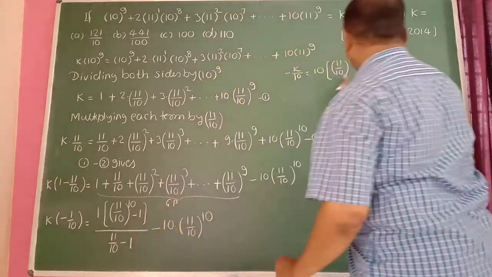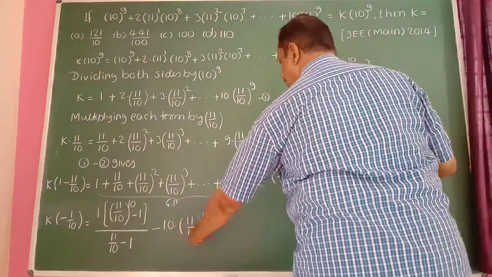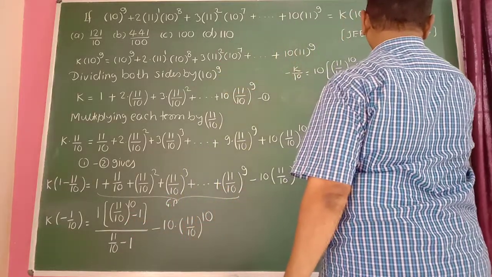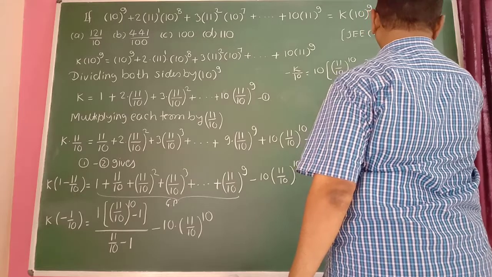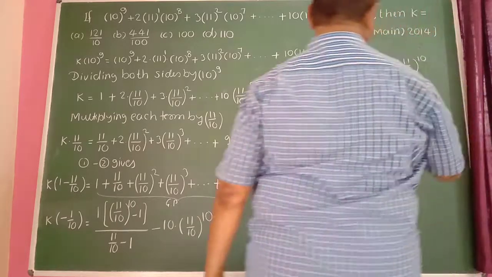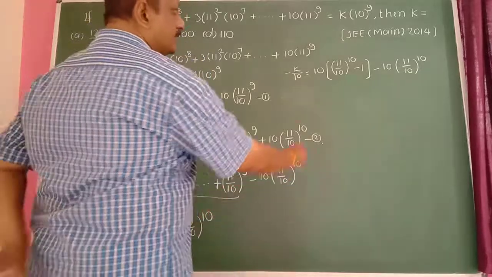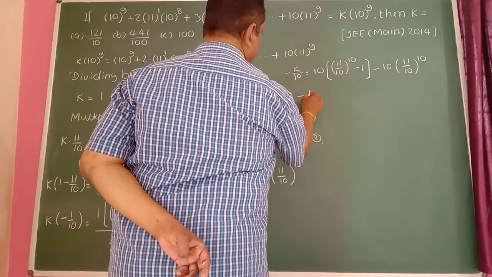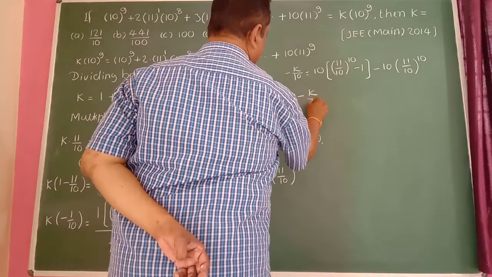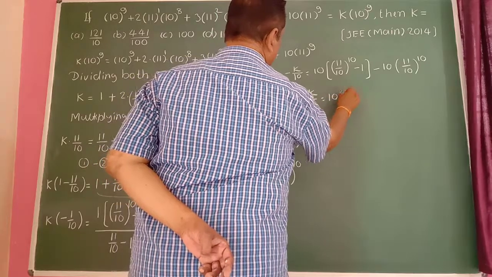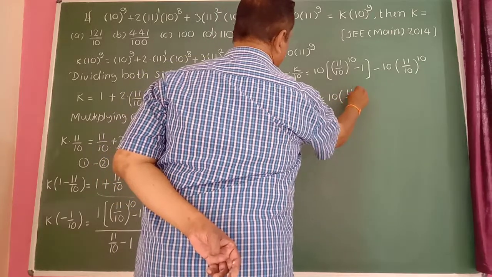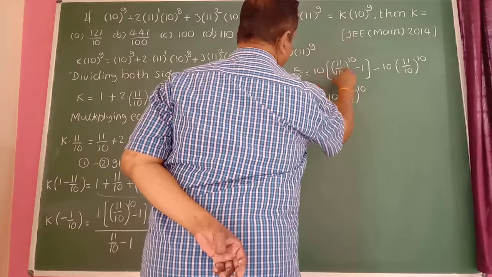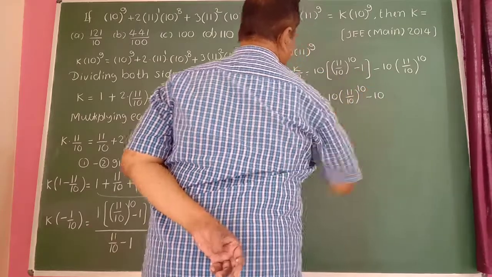Okay, this term. Minus 10 into this here. So 10 into (11 upon 10) raised to 10 here. Next, take this 10 inside the bracket here. Minus k by 10. So 10 into (11 upon 10) raised to 10 here. 10 ones are 10, minus 10.